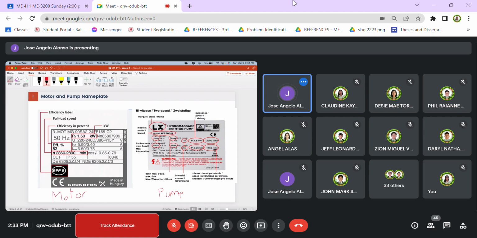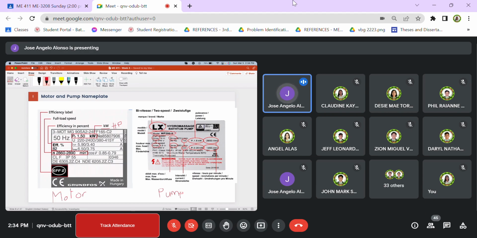So, for example, dito sa motor, given dito yung tinatawag na power rating or motor rating in kilowatt. Sometimes it will be in HP. Ito yung motor rating natin. Given din dito yung efficiency ng pump. So, binibigyan din siya ni supplier o ng designer. Given the rotational speed ng ating motor, efficiency ng motor is given din. Rotational speed ng motor in RPM, revolution per minute.